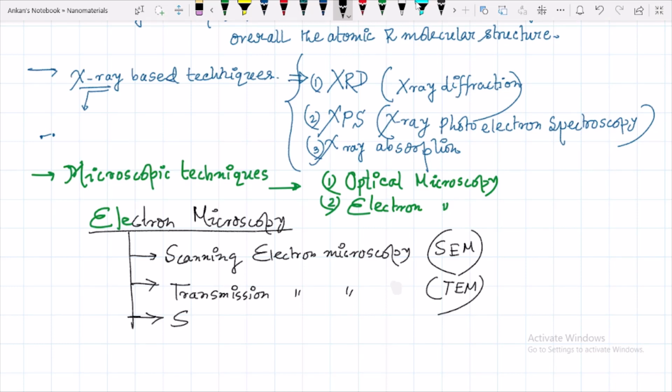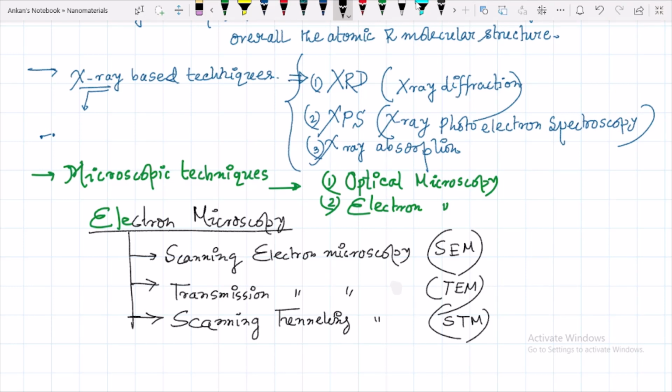Next, scanning tunneling microscopy, STM in short.